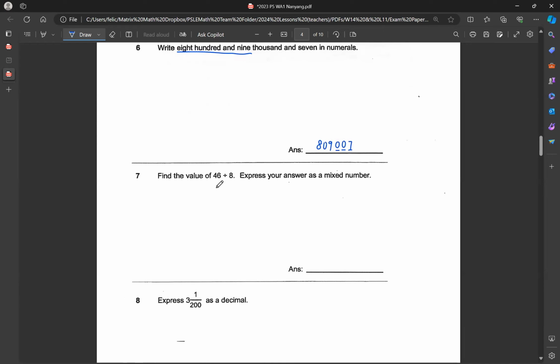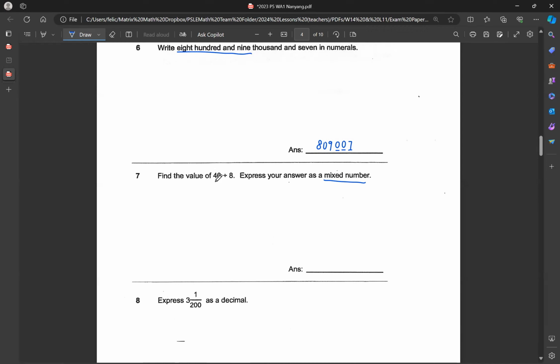Next will be find the value of 46 divided by 8. Express your answer as a mixed number. Now, since they want a mixed number, we should be expecting a fraction. Remember from section A earlier, I did discuss that division and a fraction are essentially the same thing. It's just how we express it in the form of one as compared to another.